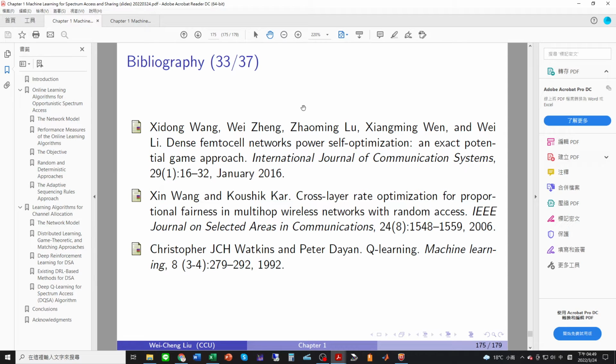Okay, so we have talked about Wang et al. The title of their paper is Dense Femto Cell Networks Power Self-Optimization, an Exact Potential Game Approach, which is published in International Journal of Communication Systems in 2016.